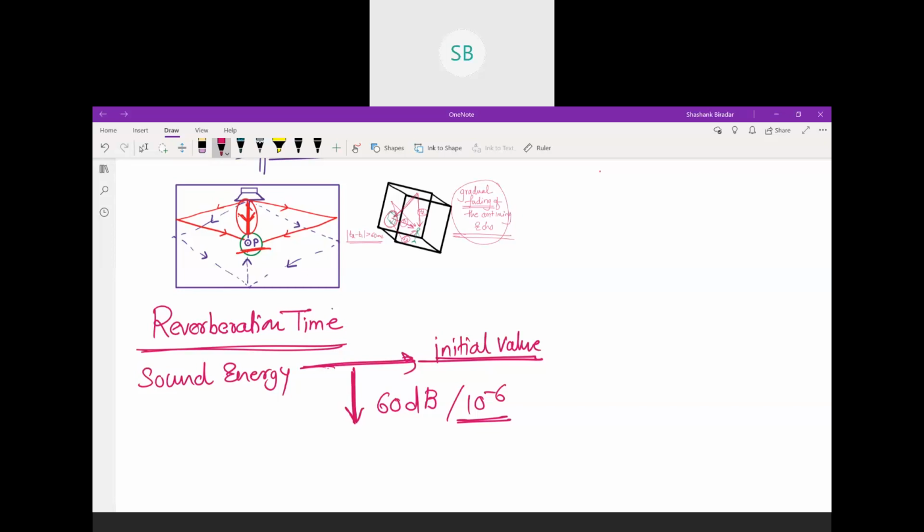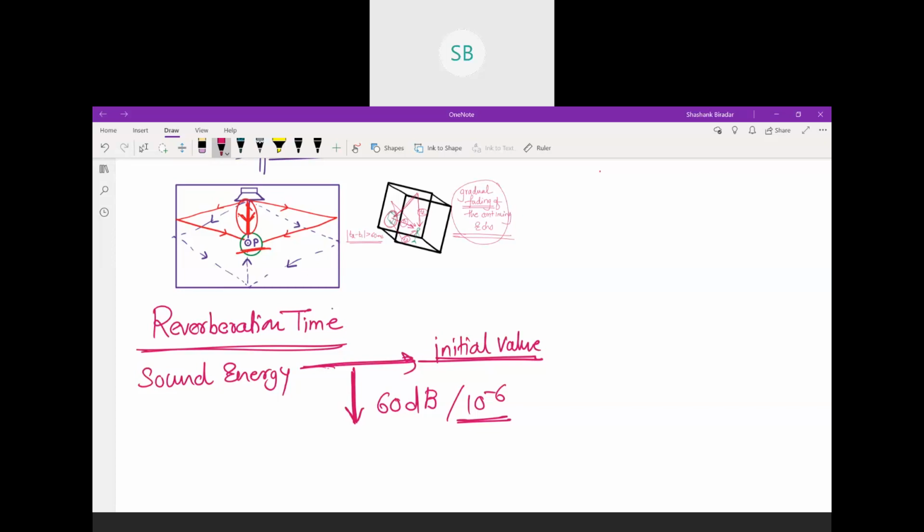So this reverberation time corresponds to the time taken by the sound energy to reduce to 1 millionth of its initial value. So what does a longer reverberation time indicate? The echo lasts for a longer duration of time.